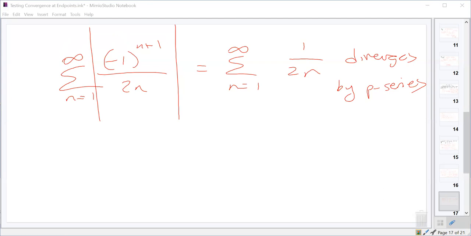So they're going to want to see both of those things. Otherwise, they're not going to give you all the points for it. They want a different reason for each one why it converges or diverges. It is a little bit redundant. That's just their rules, though. So unfortunately, you kind of gotta stick with what they want to see to get all the points. Does that make sense?